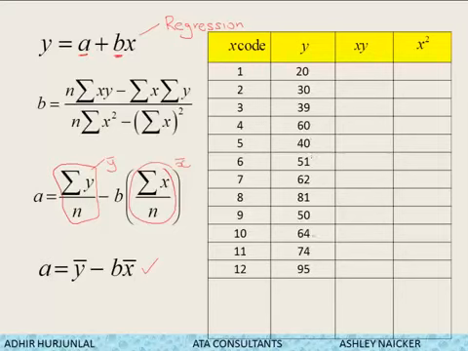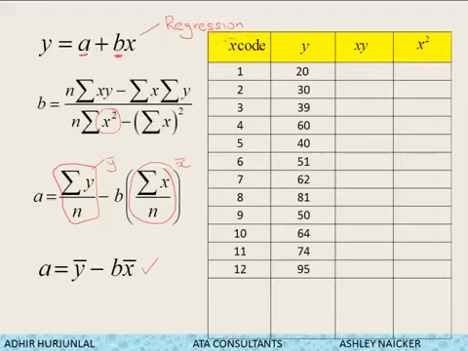Now how do I know that I need to put in here x times y and x squared? Very easy. I get this from the equation. According to my equation, I need to get the sum of xy, so I need to know x times y. I also need x squared, and that is why I know I need x squared.